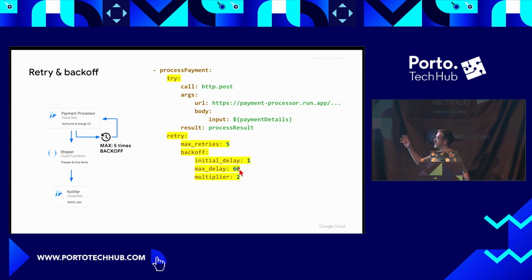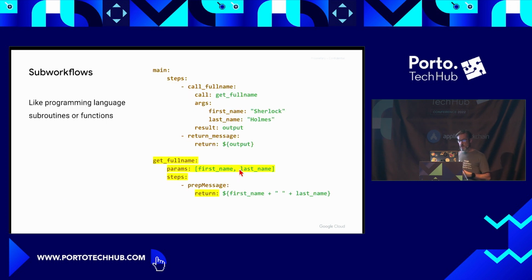So there are default strategies for this. Here, I wanted to customize it, but there are some defaults that are available for retries. What else? You can have sub-workflows, so it's like functions or procedures. So instead of the main workflow, you define your own named sub-workflow, and it can also take parameters, and then you've got the steps as usual.